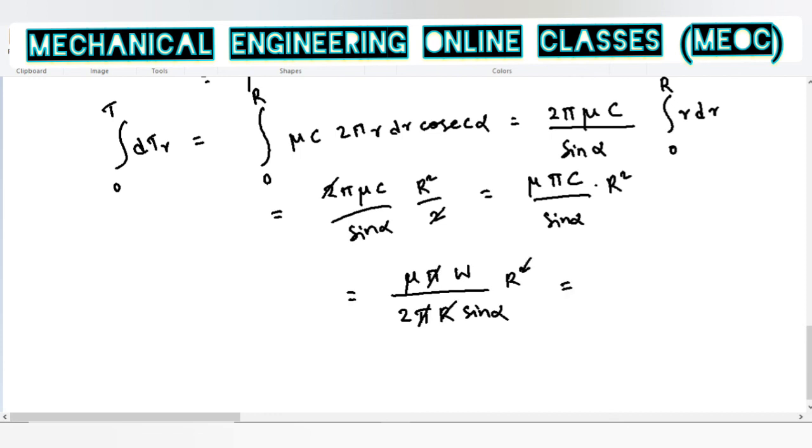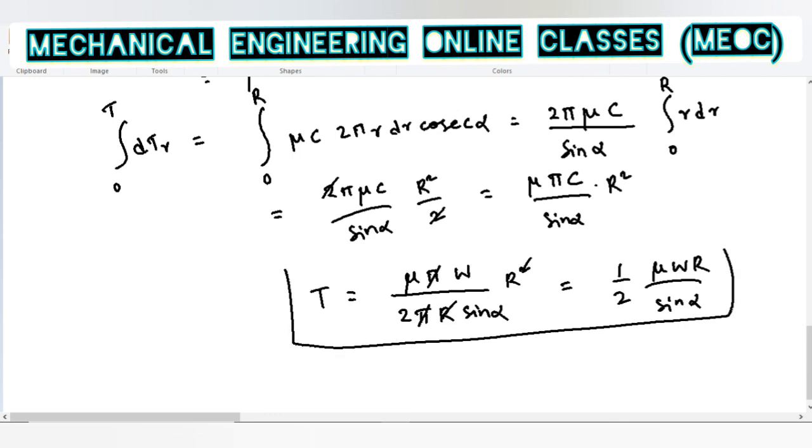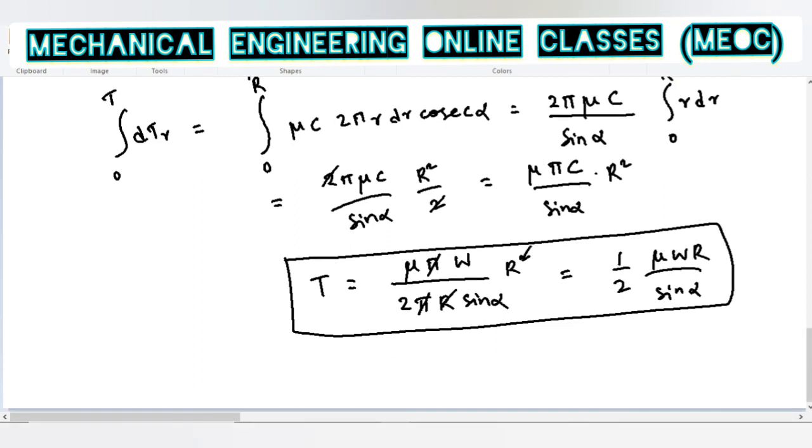So I will get 1 by 2 mu W R by sin alpha. This is the T value or the torque required to overcome friction for a conical pivot bearing using uniform wear theory. So I can again write the power lost in overcoming friction as 2 pi N T by 60 watts.